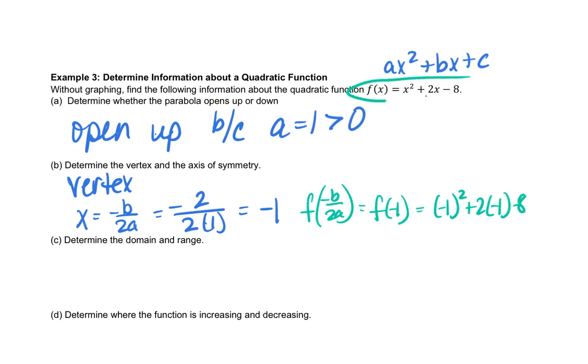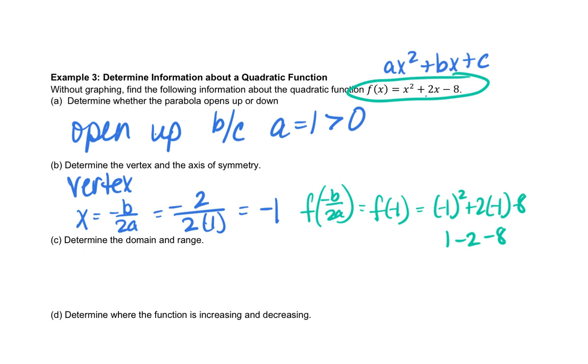So you're just plugging it back into the equation they gave you. Remember, you're finding all the information about this one graph. So negative 1 squared is 1. 2 times negative 1 is negative 2, and then minus 8.